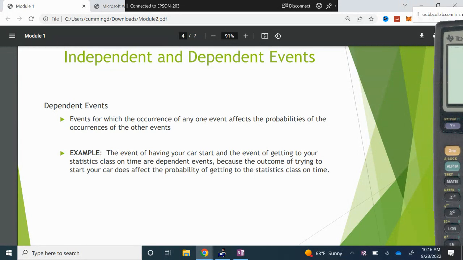For dependent events, the occurrence of any one event affects the probability of the other event happening. Examples of that would be the event of having your car start and getting to your statistics class on time. Right? That happened to me. The car didn't start, so I didn't get to class on time. Those things were dependent.